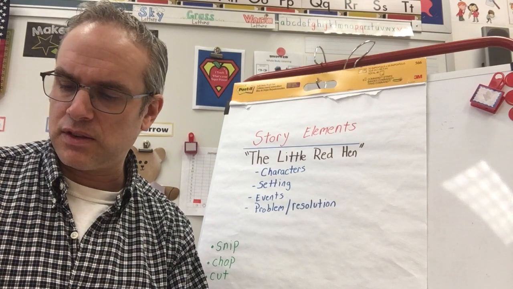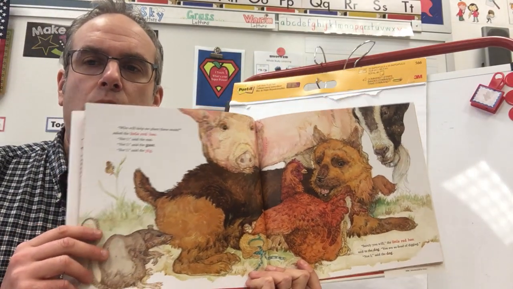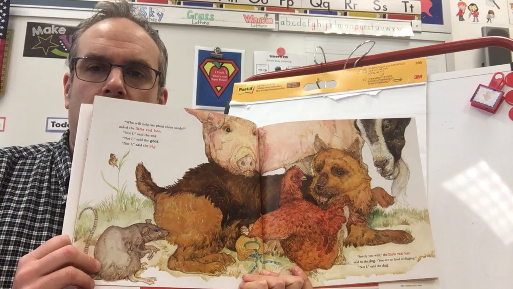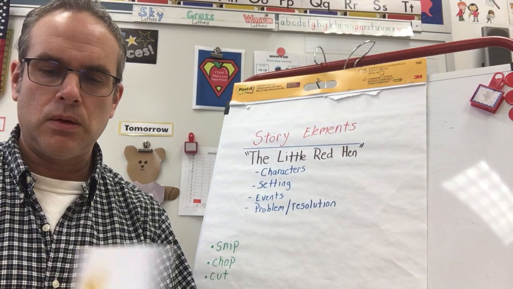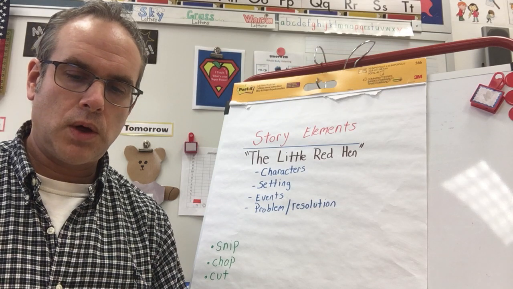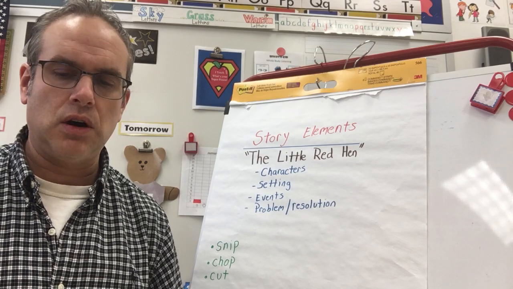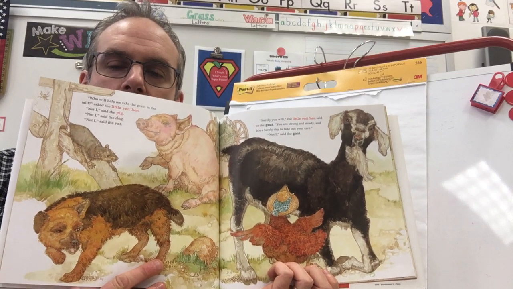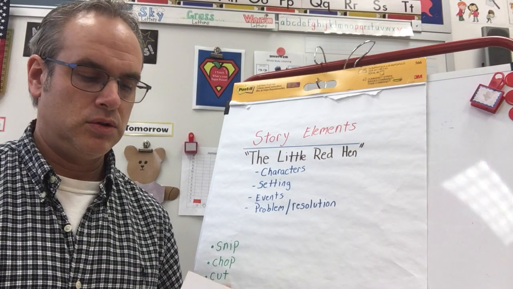For example, she asks them all to help her plant the seeds, but then she focuses on the dog because he's really good at digging, and he tells her no. She asks the goat, because he's big and has a cart, to help her take the wheat over to the mill to be made into flour, and he tells her no.